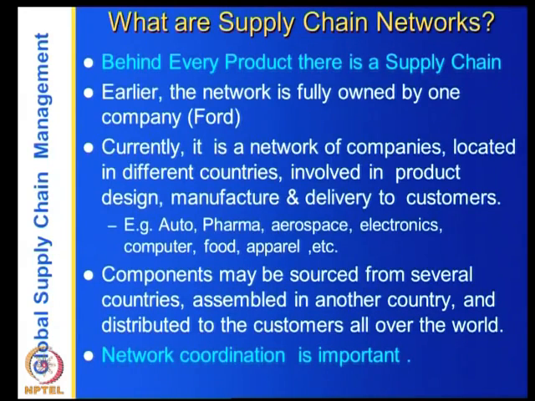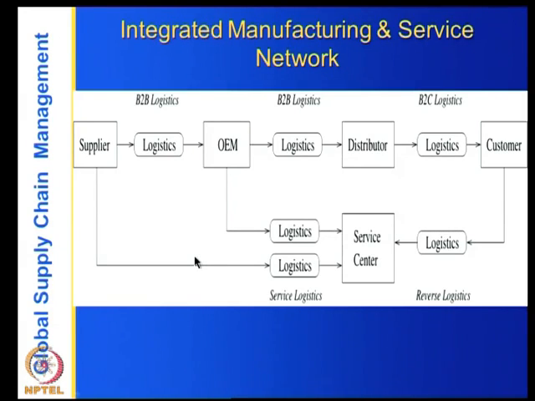So to give you an idea of what are supply chain networks, let me show you a diagram. This says supplier. Although I said one supplier, there could be several suppliers here, and from the supplier, OEM means original equipment manufacturer, who gives the design, who orders the components from the suppliers, who does the assembly.